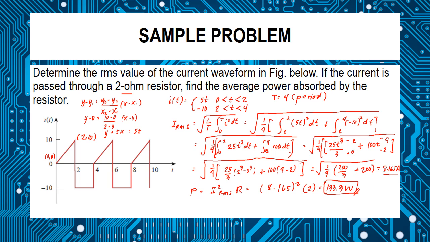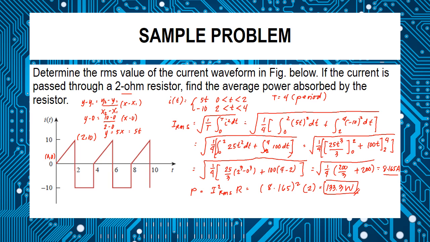So this will be the square root of 1/4 times 2 cubed times 25 over 3, which is 200 over 3, plus 4 minus 2 is 2 times 100 is 200. And so RMS would be equal to 8.165 amperes.